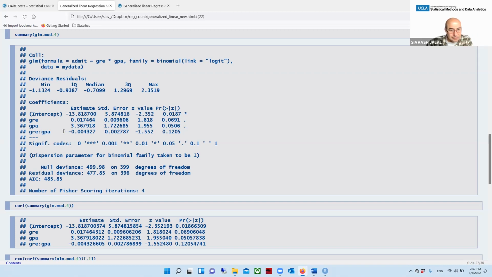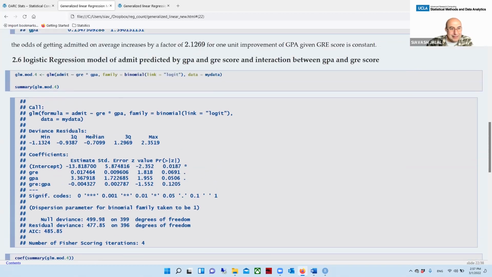Now, again, if you want to see the overall model, you can run a model with intercept only, and see whether overall this model is significant or not using the likelihood ratio.